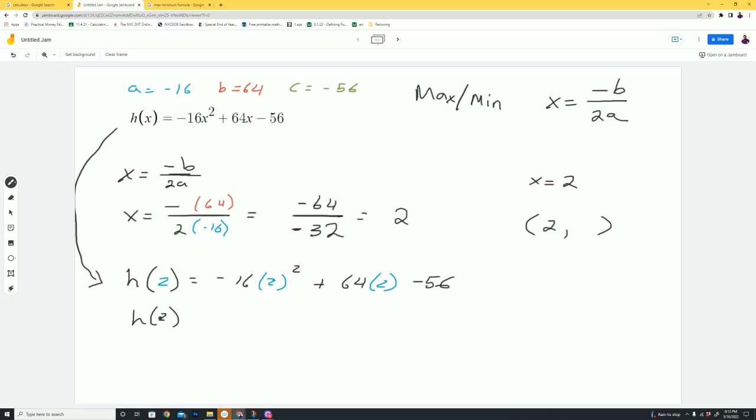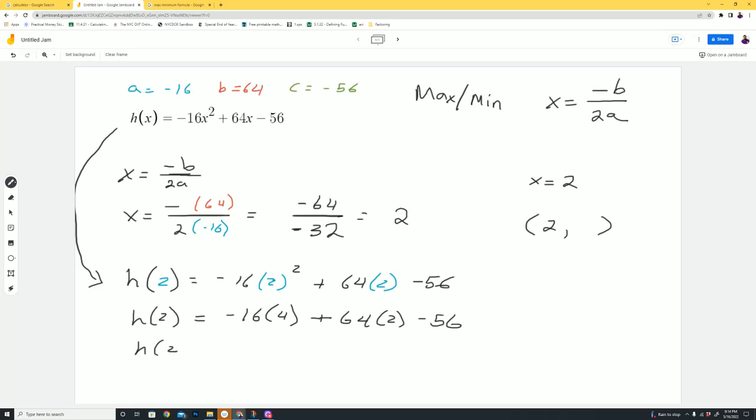The function h of 2 is equal to negative 16 times 2 to the second power. Remember, we evaluate our exponents before we multiply. So we do negative 16, 2 to the second power is 4, plus 64 times 2. I'm going to rewrite that since we didn't multiply yet. Minus 56. Now we're going to multiply.